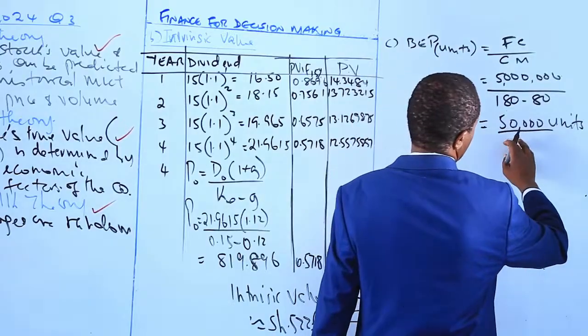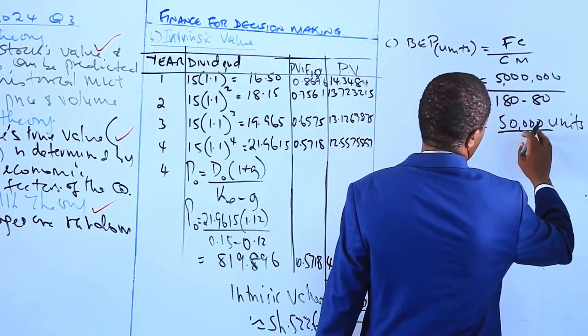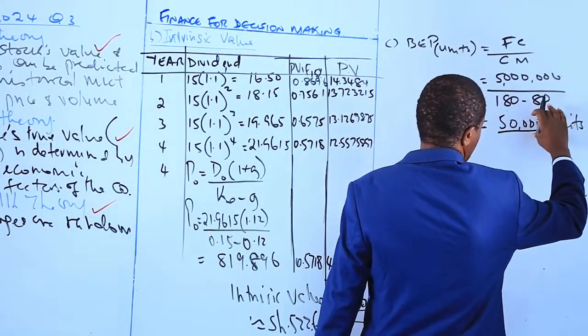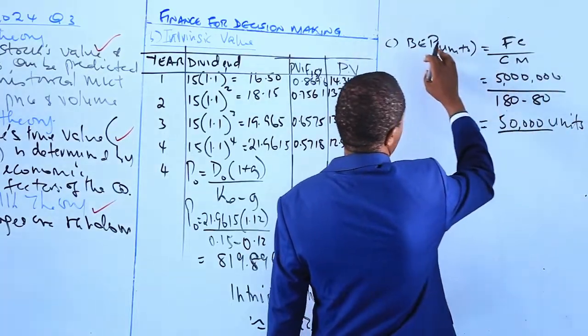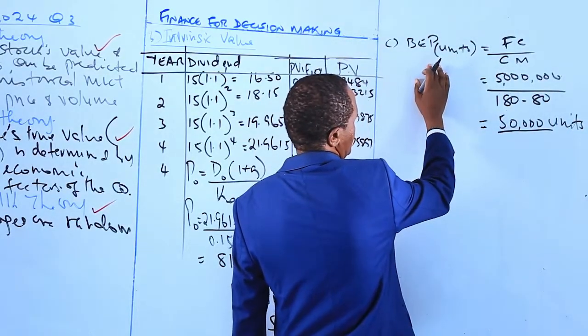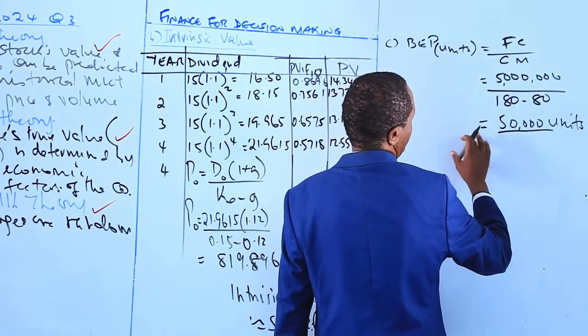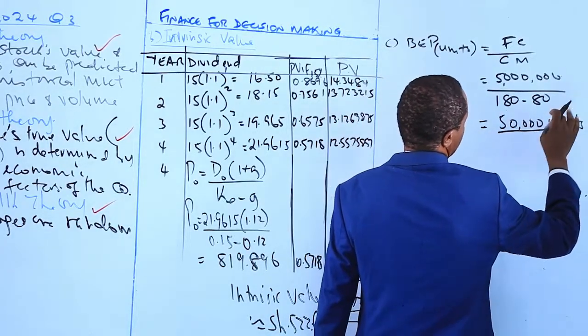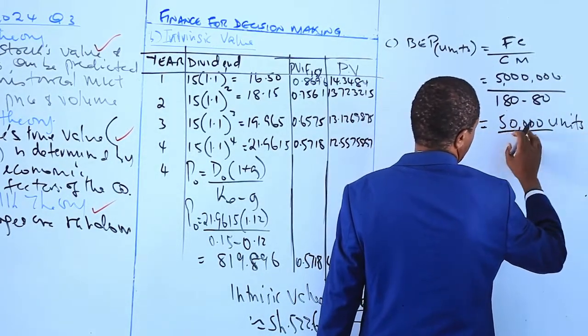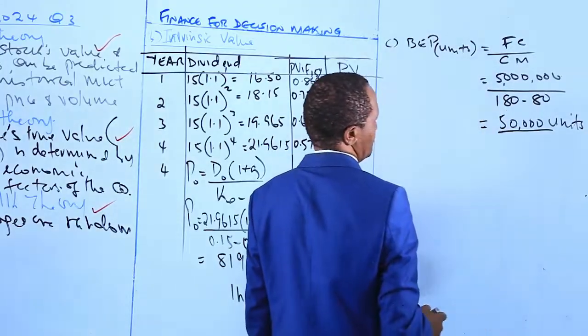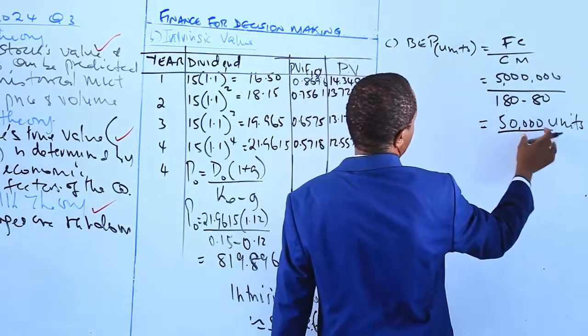If the company produces 50,000 units, there is no profit at this point. The first shilling of profit will be made after the 50,000th unit. That will be 50,001 units. So that's the break-even point in units.